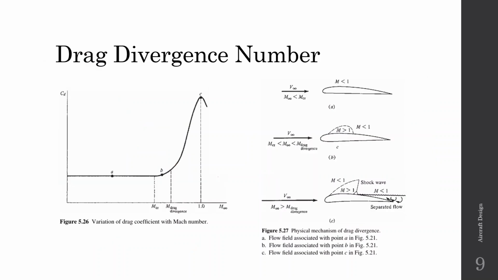Okay, now proceeding further, I'll discuss drag divergence number. This is the relationship between CD naught of the airfoil and the Mach number. You can see that at low speeds, the drag is essentially independent of the Mach number.